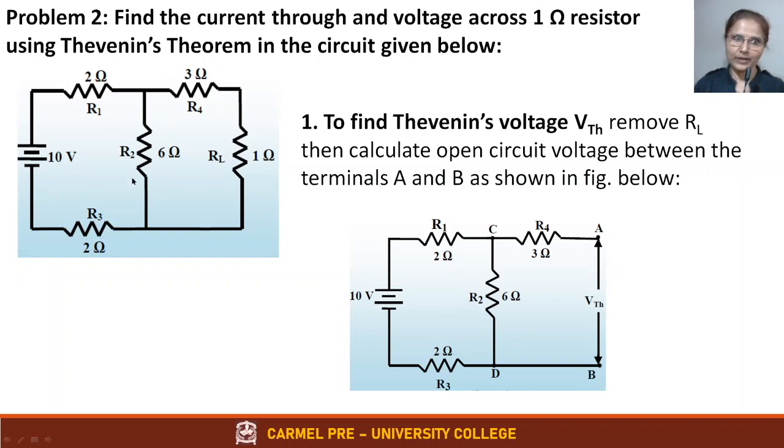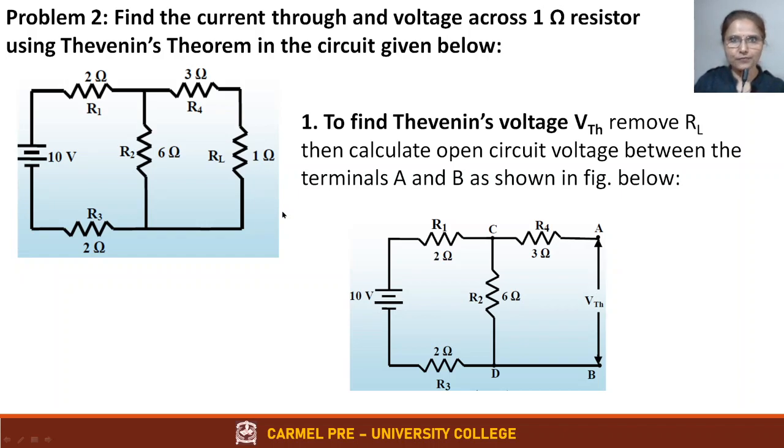If you want to find across this resistor, then this will become RL, like that. So wherever the question asks, that will become RL for us, and then we will start following the procedure. Right now this is our RL, so it is in the right place also. We will start going ahead to find VThevenin and RThevenin.